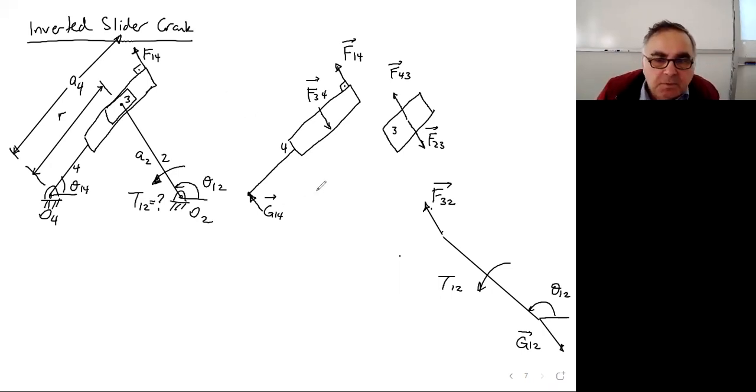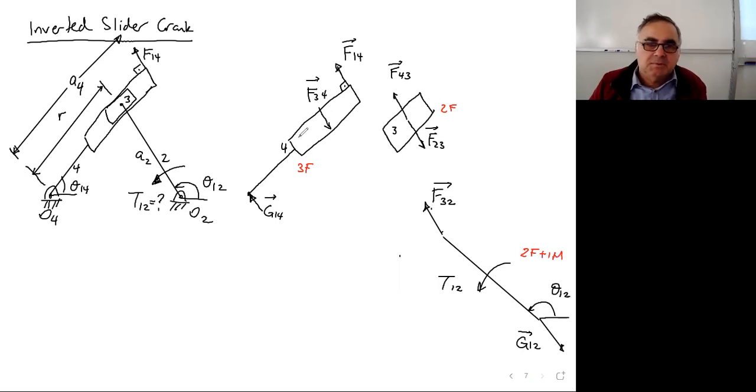First of all, this is a 3-force member. This is a 2-force member. This is a 2-force plus 1 moment member. Okay, now let's start from F14.